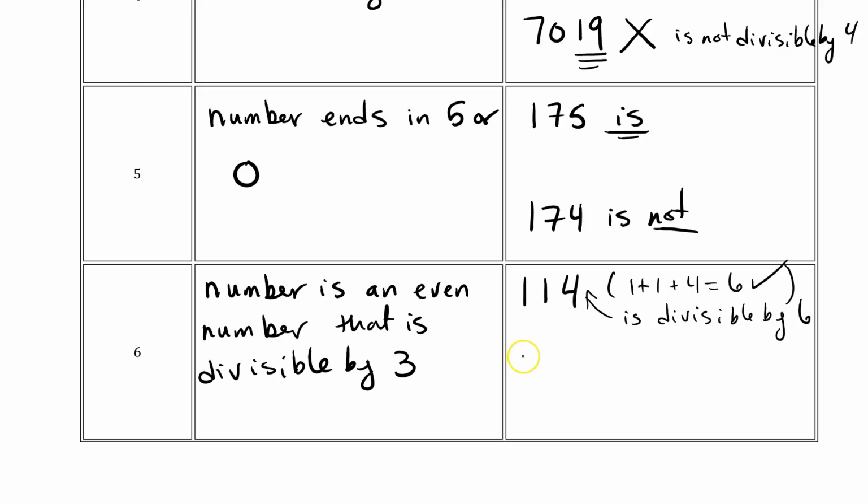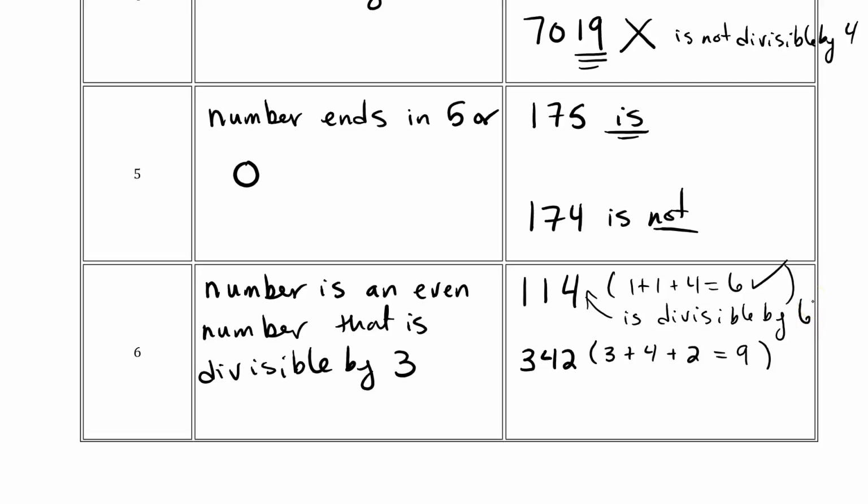Let's see another one. We have 342. Let's see if it's divisible by 6. We know that it's even, so we know that it is divisible by 2, but is it divisible by 3? 3 plus 4 plus 2 is 9. Now here's the tricky bit that I sometimes get confused about. 9 is divisible by 3, but it's not divisible by 6.